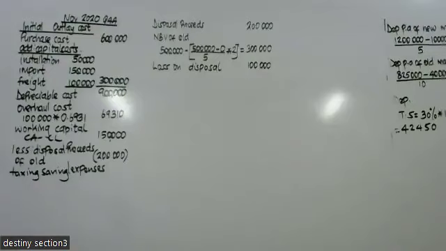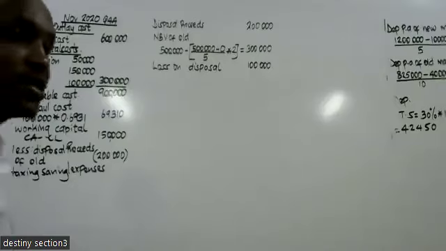So now, the disposal proceeds, wanasema the current disposal value of the existing machine is 200,000. If you sell it right now, you're going to earn 200. But the book value is how much? 300.